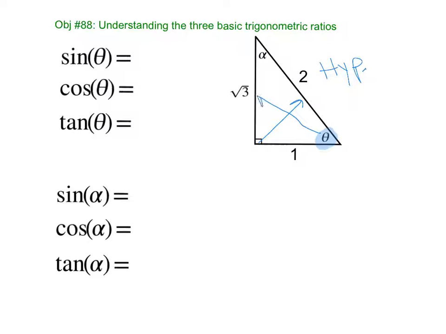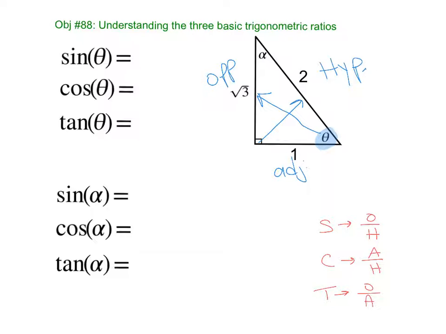Opposite theta, what's across from theta, and then adjacent. So we've got our sine is opposite over hypotenuse. Cosine is adjacent over hypotenuse. Tan, opposite over adjacent. So keep that in mind.